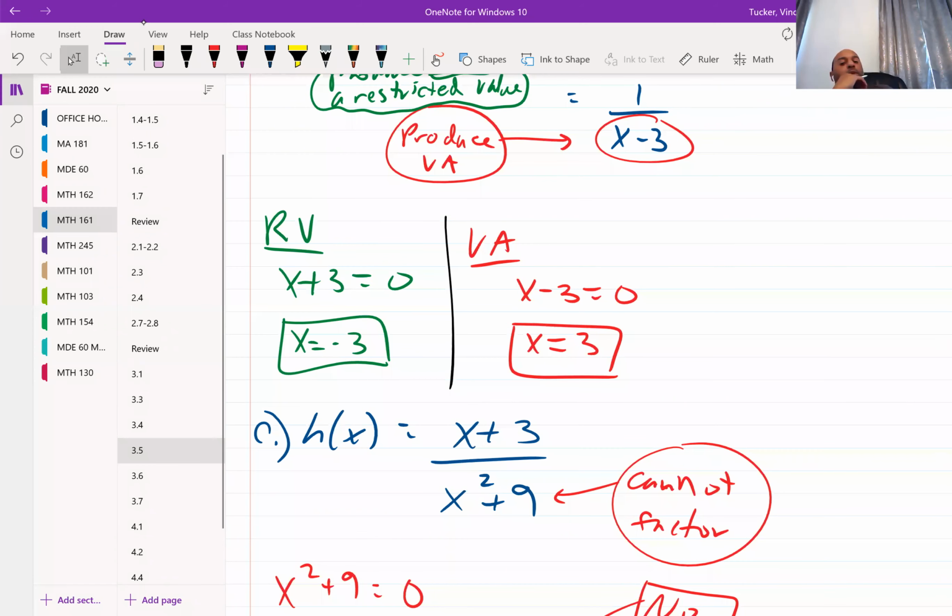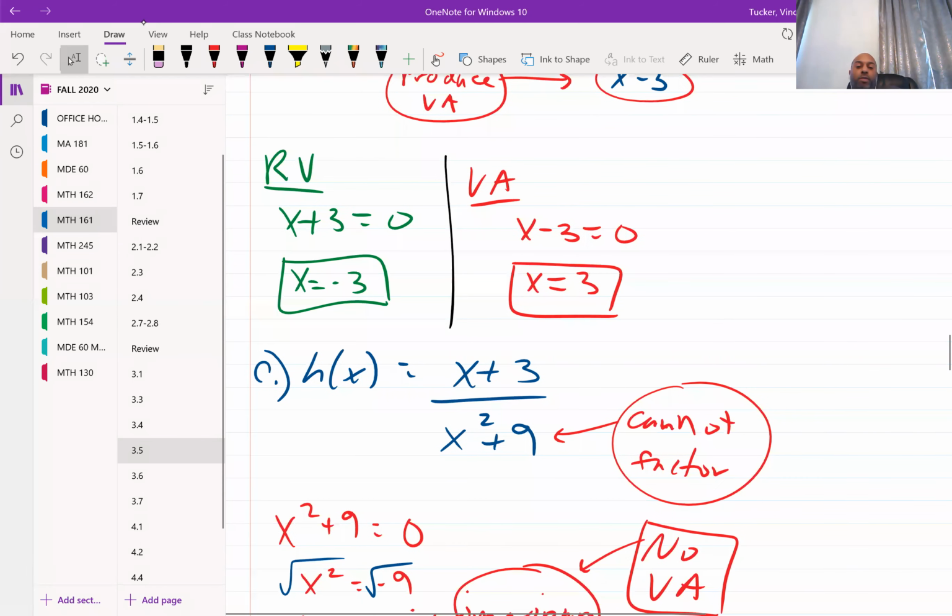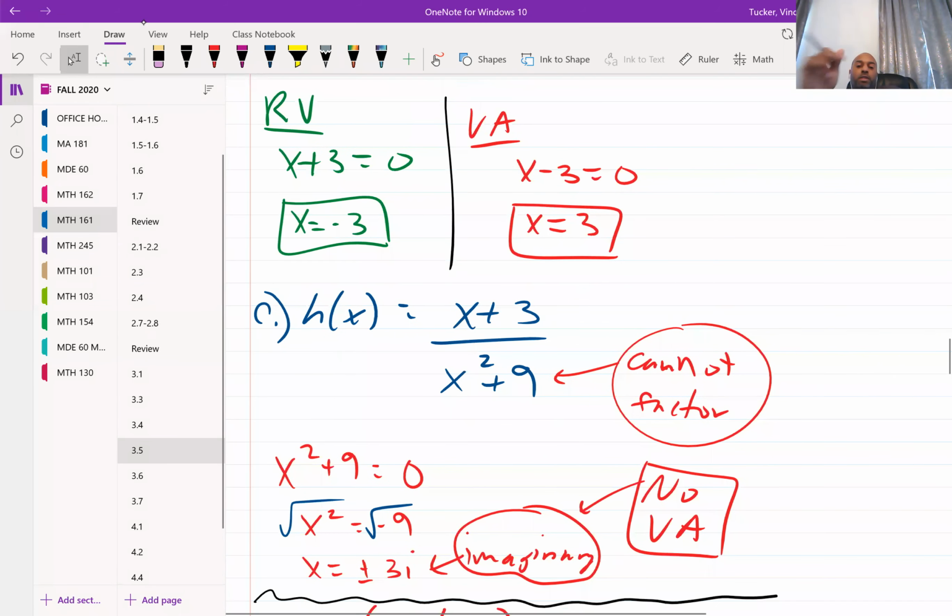So the next one, we have x squared plus 9. We cannot factor that. So if we go ahead and set it equal to 0, as Mr. Cooley mentioned, we have an imaginary number here. Since it's imaginary, that means it does not exist for us, so there is no vertical asymptote.